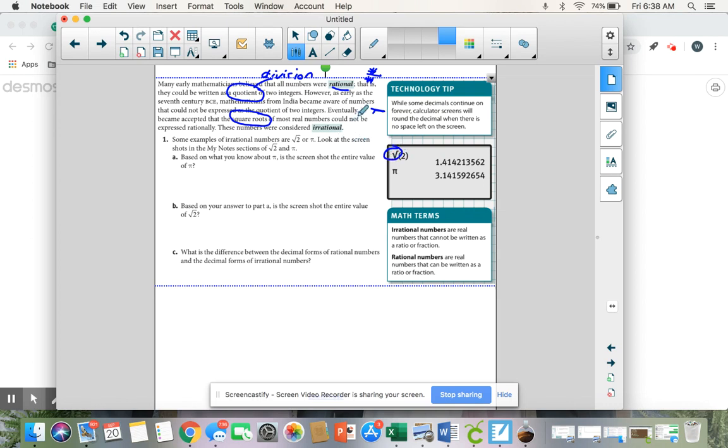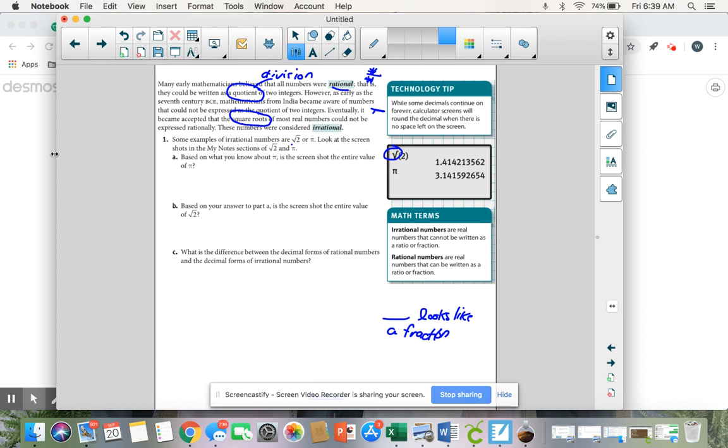What this is saying is that the square root of some numbers cannot be expressed as the quotient. A quotient right now looks like a fraction. That's important to note.